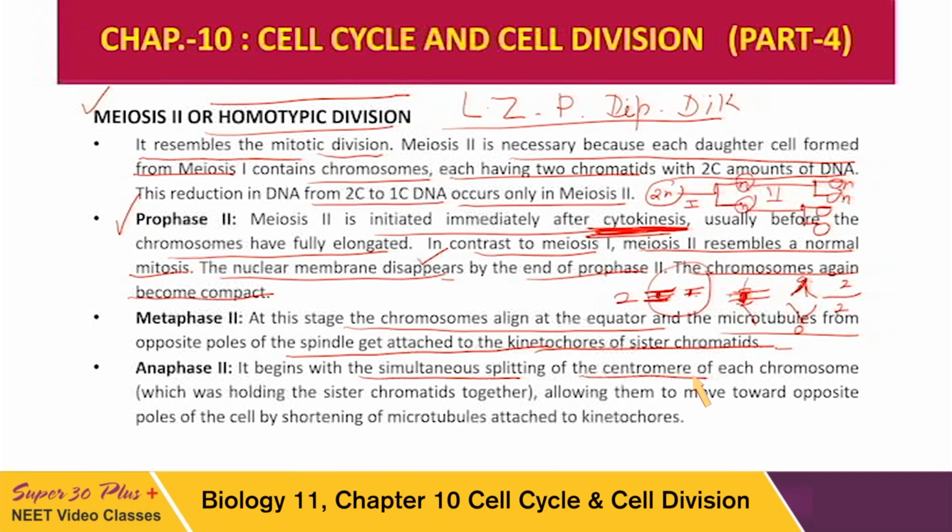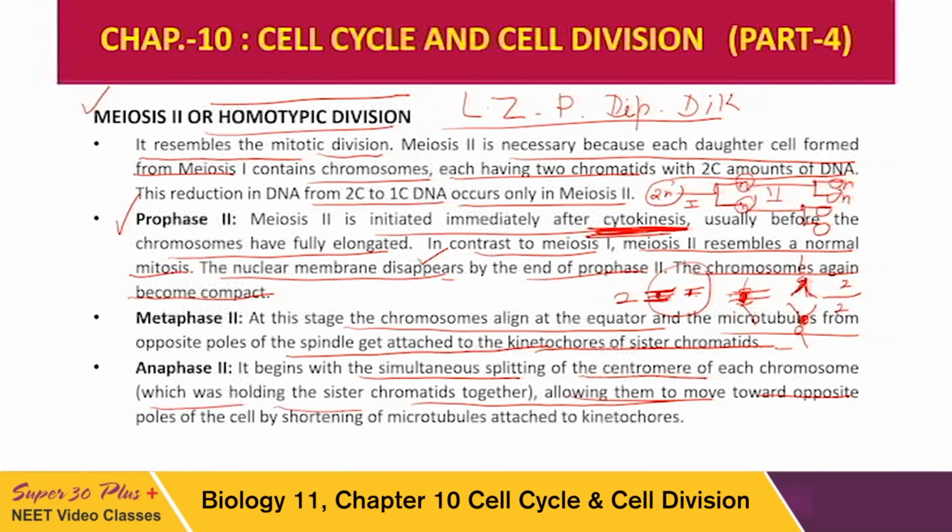Now the centromere will split so that each chromatid, or so-called chromosome, will have its own centromere, allowing them to move towards the opposite pole, because the microtubules will shorten and draw the chromatid, so-called chromosome, to the opposite pole.